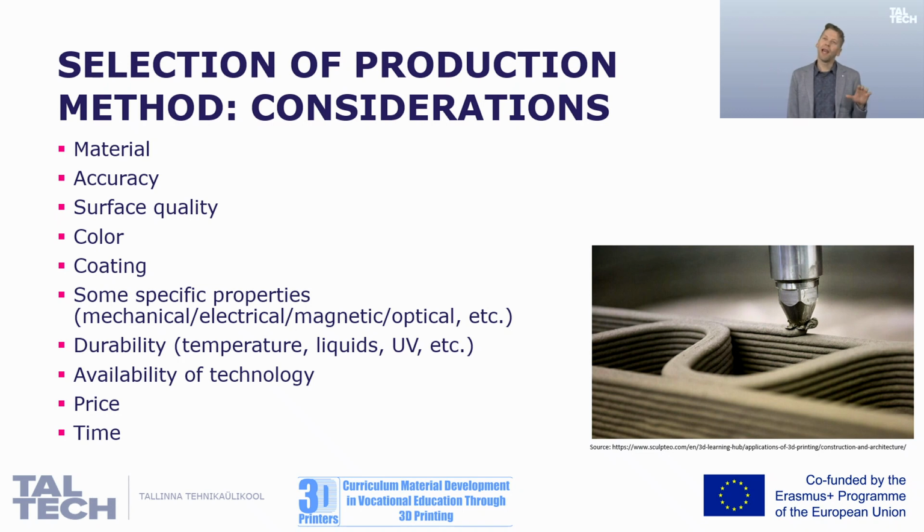Then there might be electrical properties. The part could be conducting electricity, or the opposite. Maybe we don't want that at all. There could be optical properties that are required from this part. Maybe the part has to be as transparent as possible.